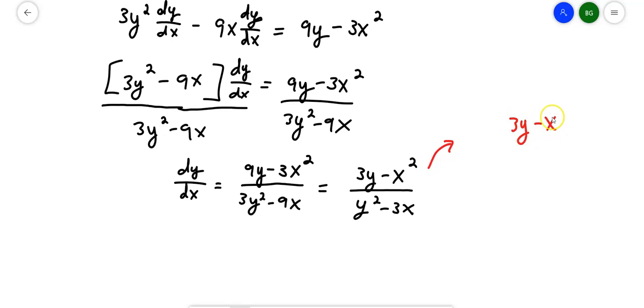3y minus x squared equals 0. And obviously we can't solve this for a particular point, but what we can say is that this curve is going to have a horizontal tangent somewhere on this curve here, y equals 1/3 x squared.